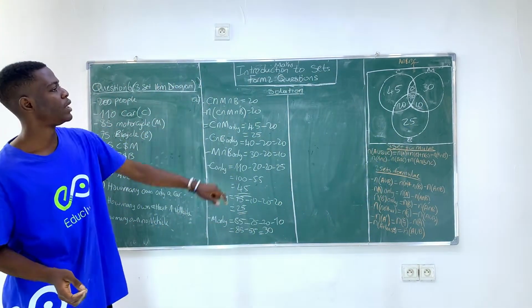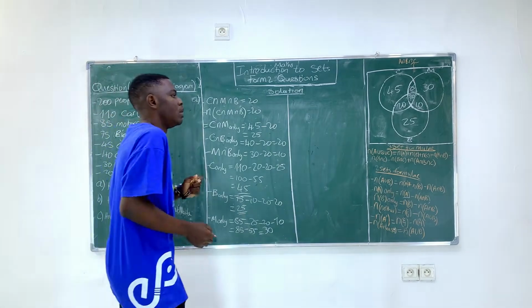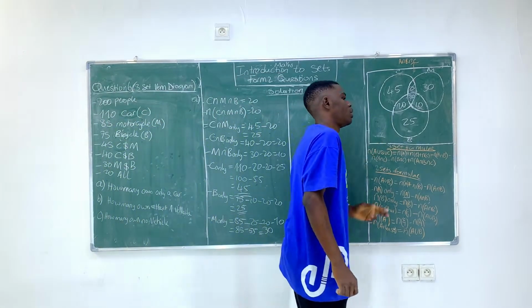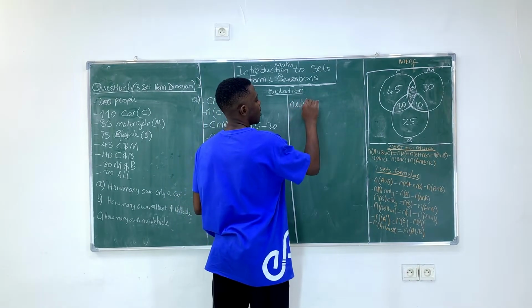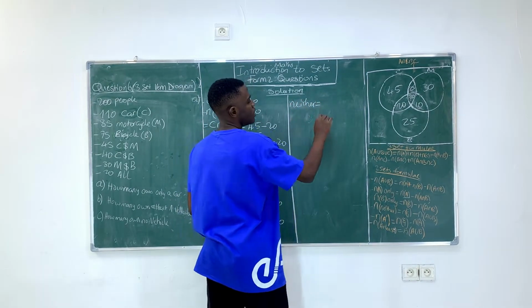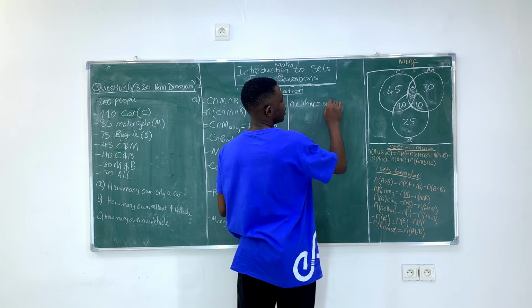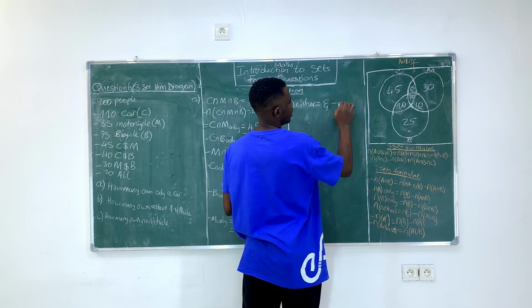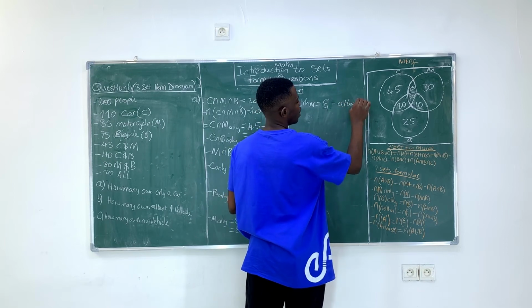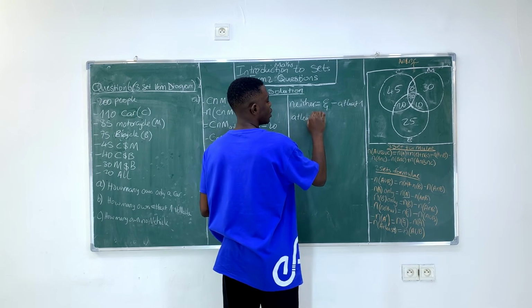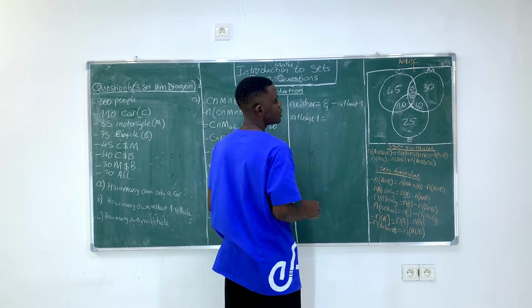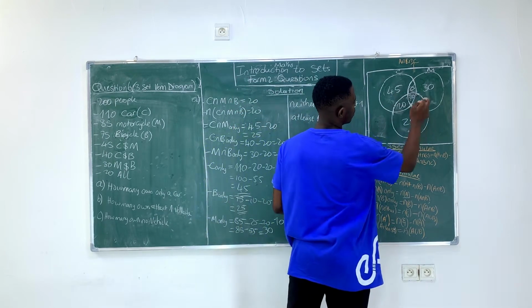So now I'm done filling everything that is inside. Now I'm looking for this outside part. For neither, what is the formula? Neither is equal to the universal set, everybody, minus at least one. Now what is my at least one? This one is just the sum of everything here.